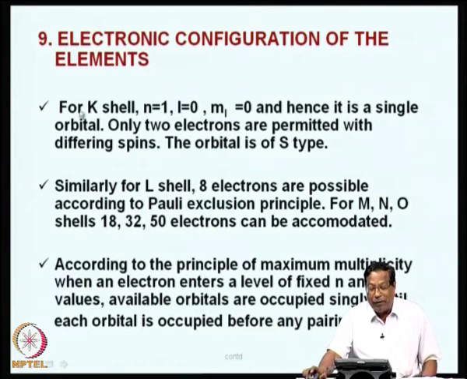Only 2 electrons are permitted in this orbital with differing spins. One could be plus half, another could be minus half.